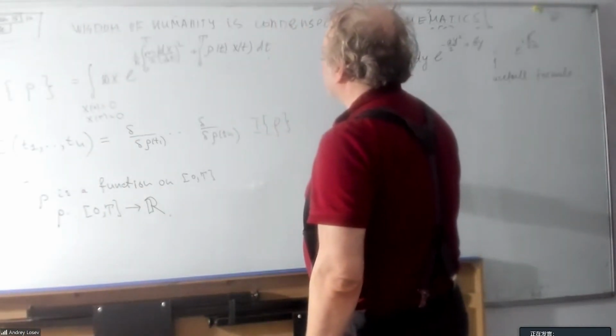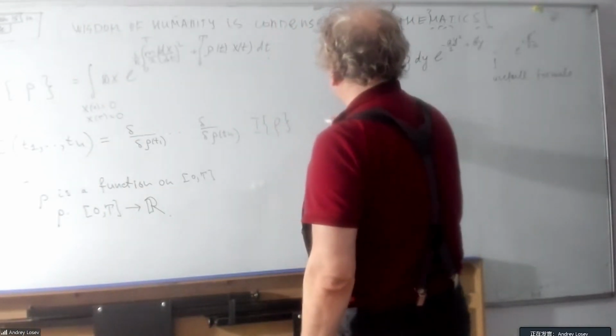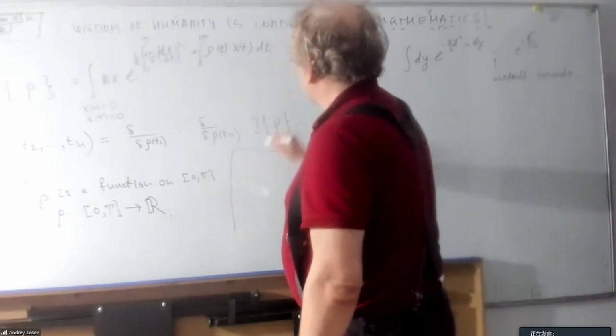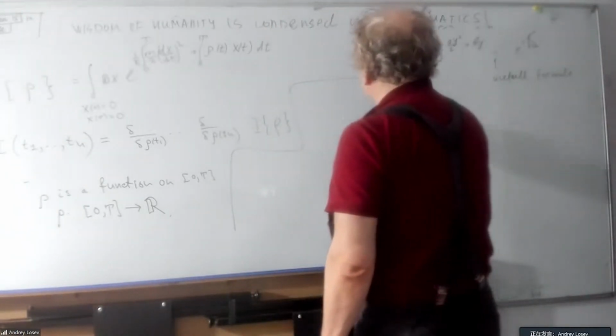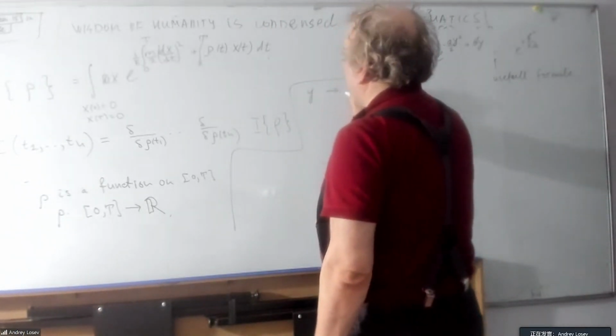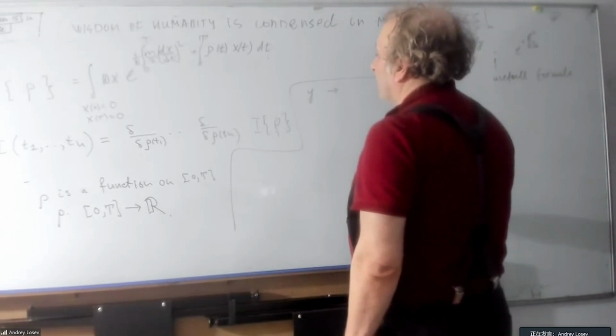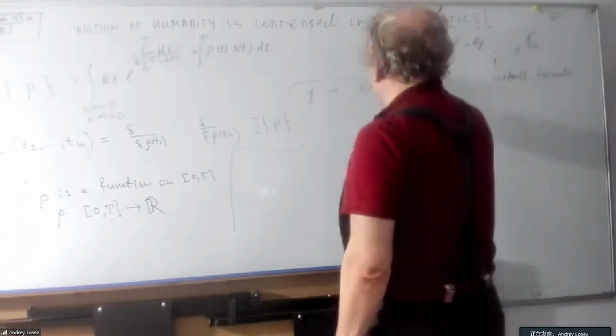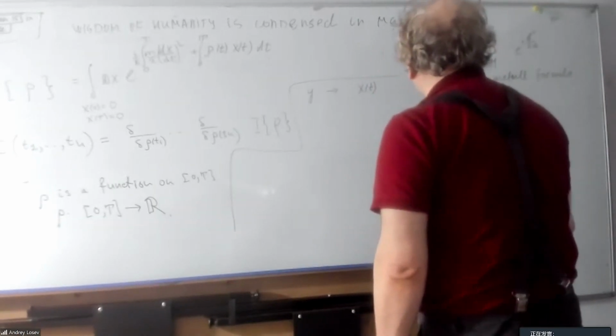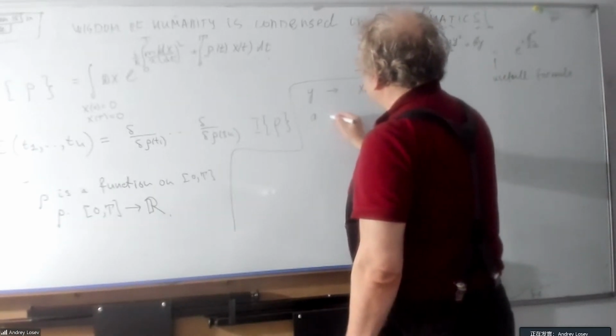Now, what is our A? So what is our Y? Our Y is, of course, the function x of t. What is our A?